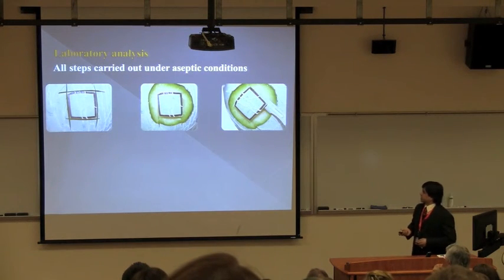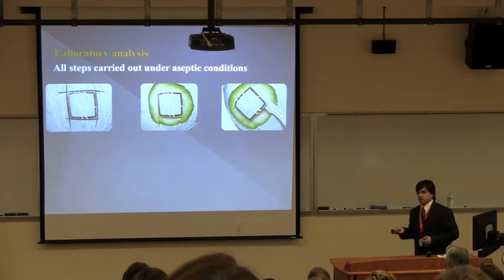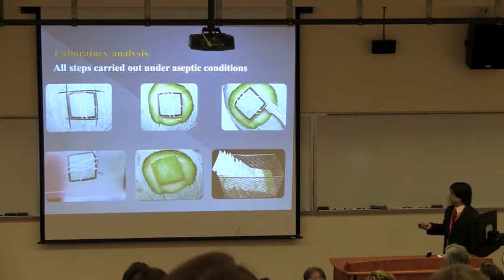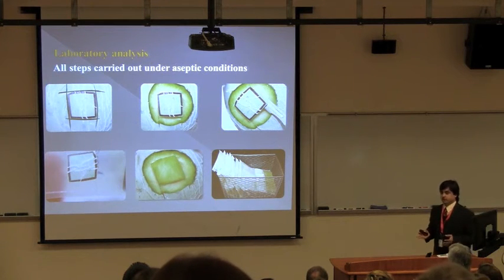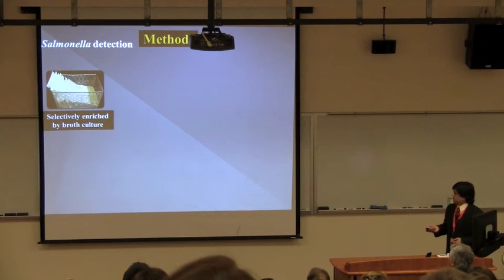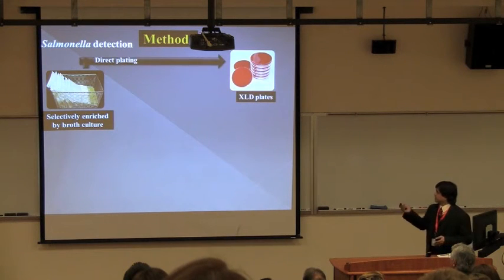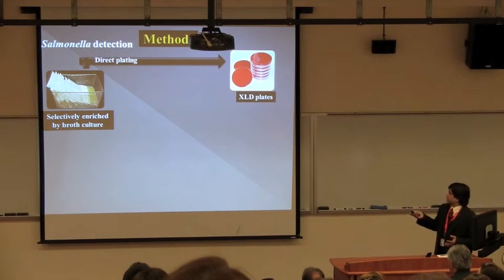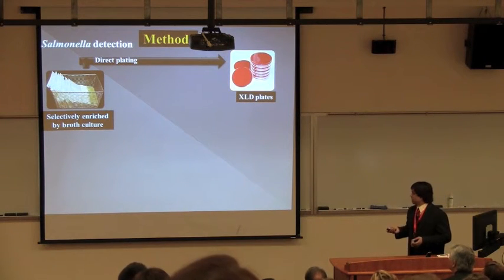Laboratory analysis was done after taking the fruits out of the greenhouse. They were cut aseptically in the biosafety cabinet, and the rind and the mesocarp underneath the rind were treated separately and enriched with universal pre-enrichment broth. For Salmonella detection, we started by determining the population on the surface of the rind or the mesocarp using XLD, a selective agar for Salmonella because they show up with black colonies.